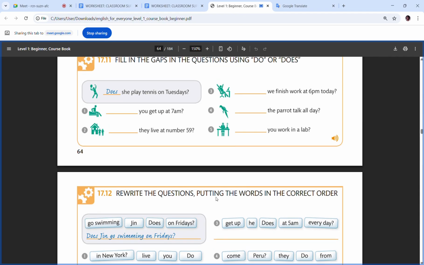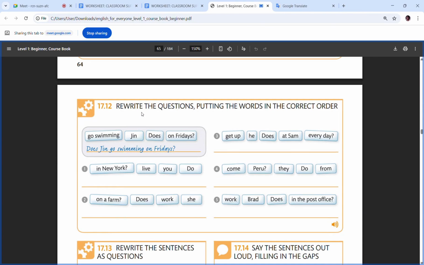Okay, so let us fix these sentences, okay? So this is obviously in the wrong order. We need to put it in the right order. Example, go swimming, Jin does on Friday. So the right answer is, does Jin go swimming on Fridays?